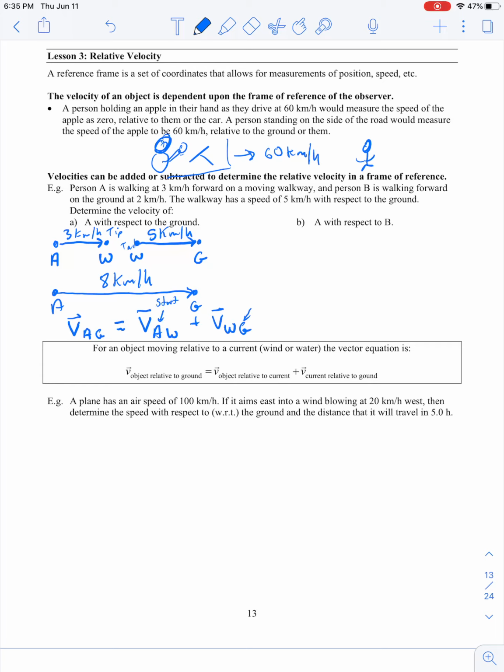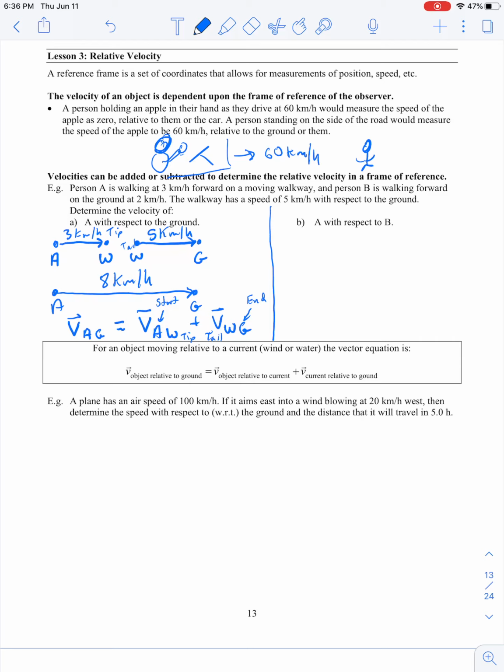This is our end point. This is the tip, and that's the tail. So we add these vectors tip to tail. The tip and tail in essence cancel each other out, and you get a vector that is AG. So the outside two letters are the vector that you're going to get as a result of this.